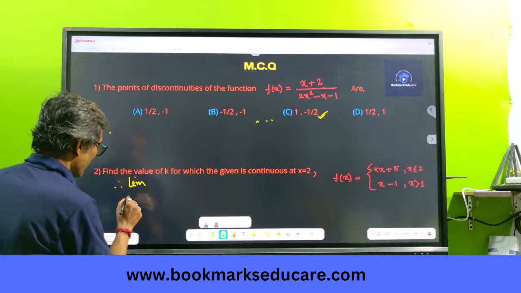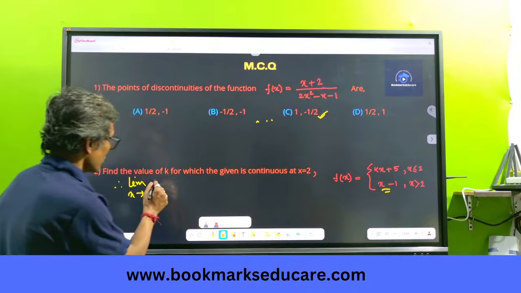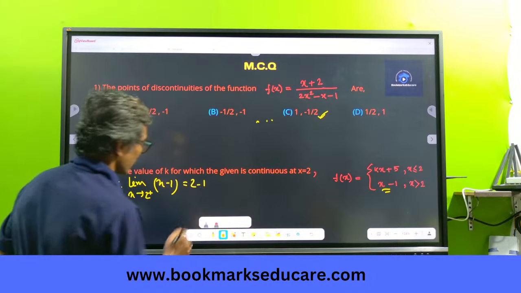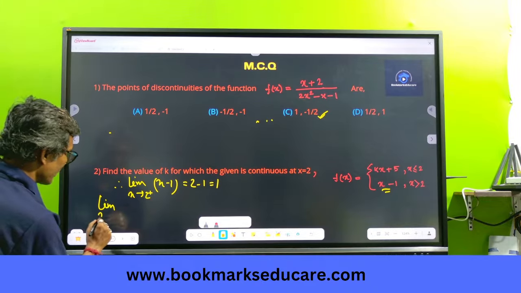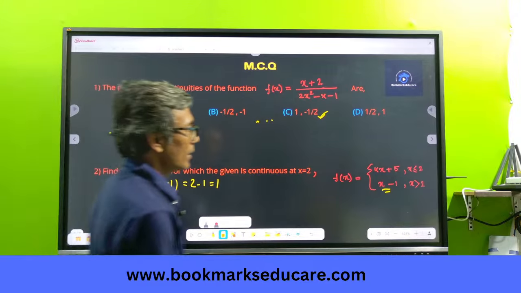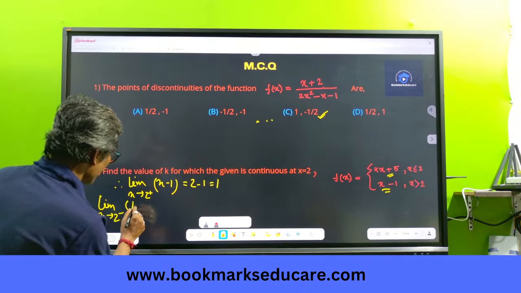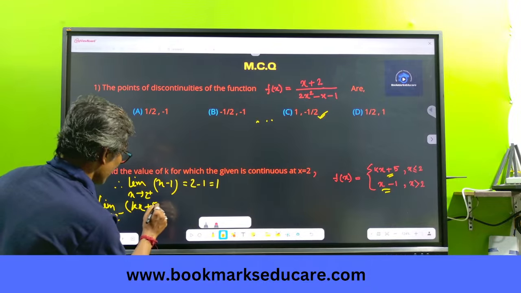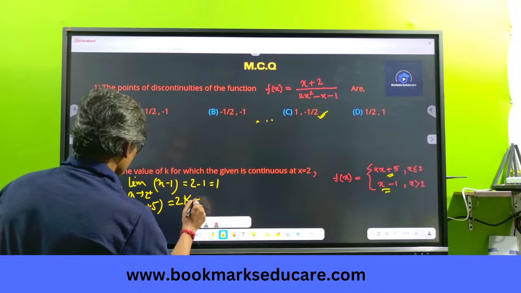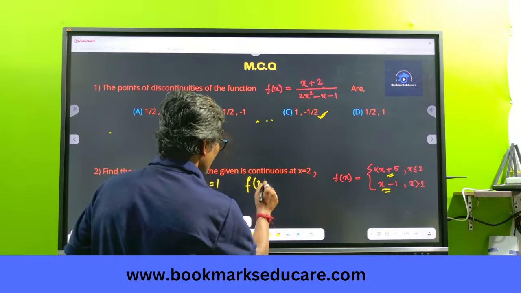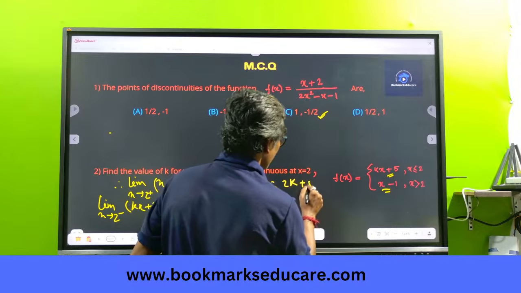Limit x tends to 2 plus, this function will be taken, so x minus 1, therefore 2 minus 1 is equal to 1, and limit x tends to 2 minus, this function will be taken, so k into x plus 5 is equal to 2k plus 5, and f of 2 is equal to 2k plus 5.